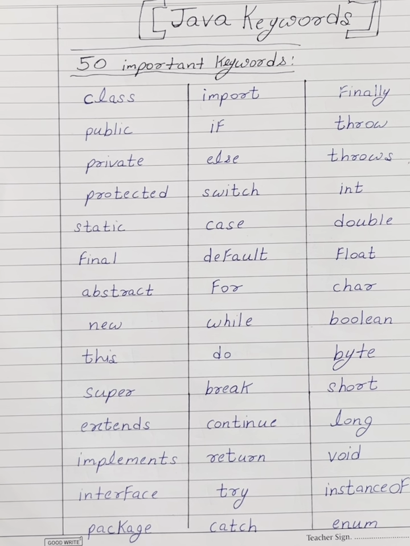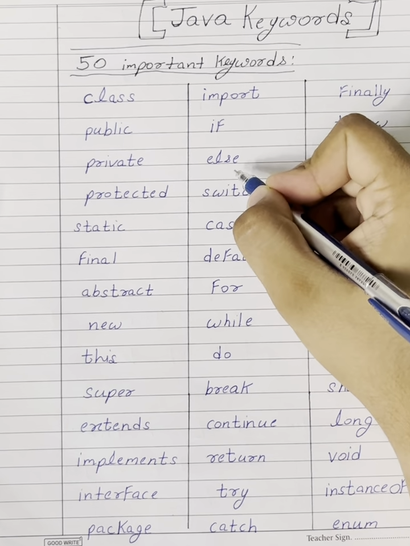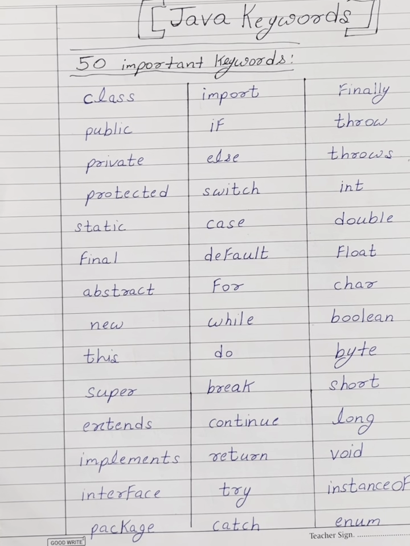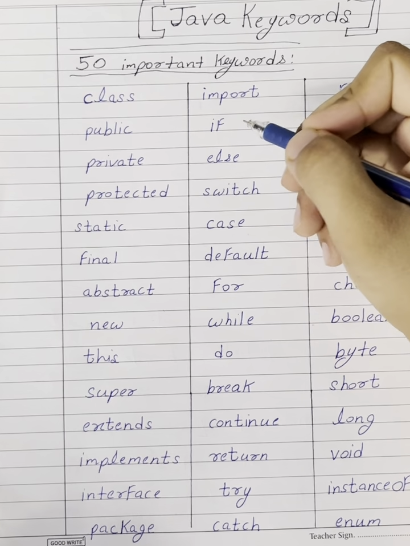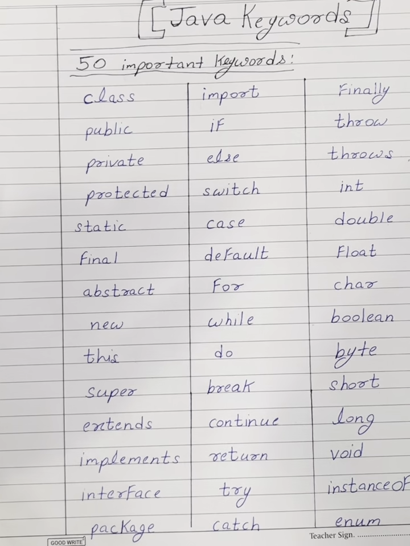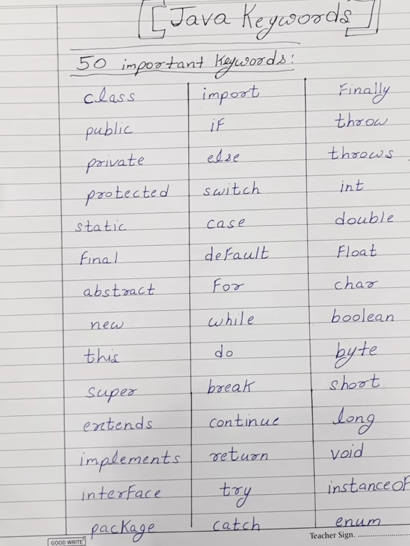Next is else keyword. So, guys, else keyword is used together with the if statement to specify an alternate block of code that should be executed when the if condition evaluates to false, and it ensures that the program can choose between two different execution paths depending on the result.